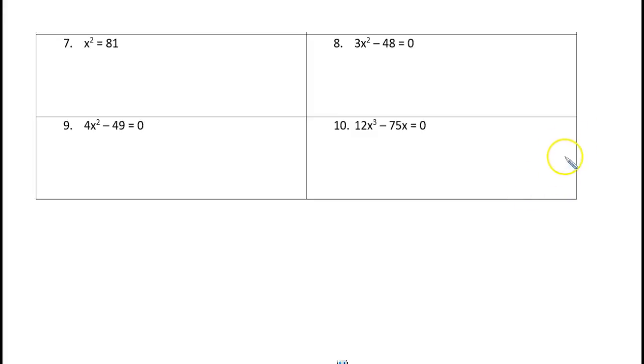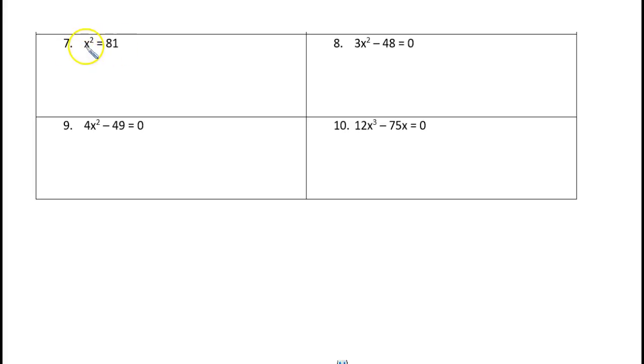We're going to run through these next few examples as quickly as we can. In number 7, since I don't have a perfect square minus a perfect square, I'm probably not going to waste my time subtracting 81 to the left just so that I can use this special technique.